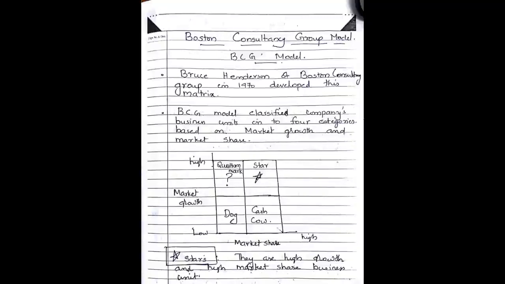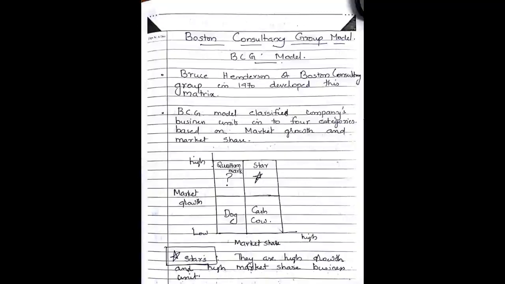But after some time, that same product may move into the category of star product, which is shown on the top of the second column. It may become a star product where the market share, that means demand for their product, is very high and market growth is also very high. The product is very much known to the market and at the same time demand for that product is also very high.